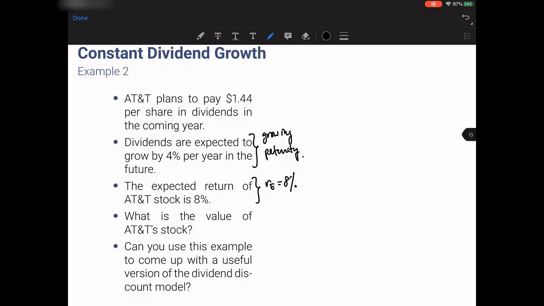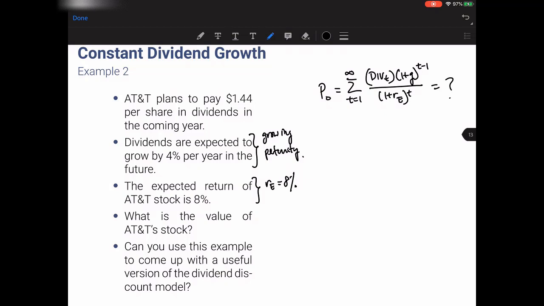Okay, so as you recall from last lecture, we have the price equal to the infinite sum, starting next period with a dividend payment, and we're assuming that this dividend payment will grow at a fixed rate, and we're going to discount it by 1 plus RE to the t, right?